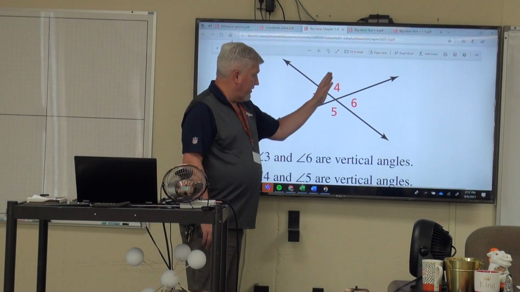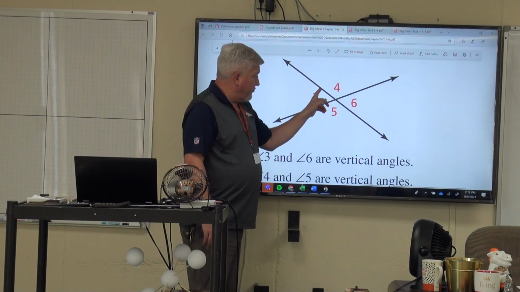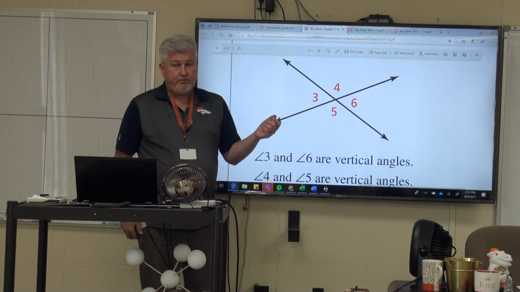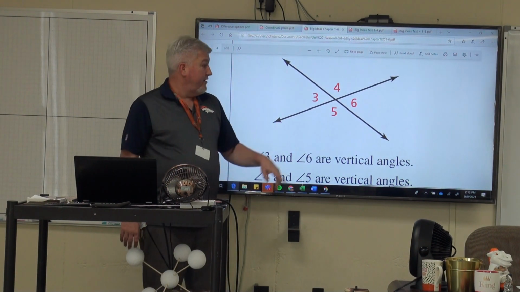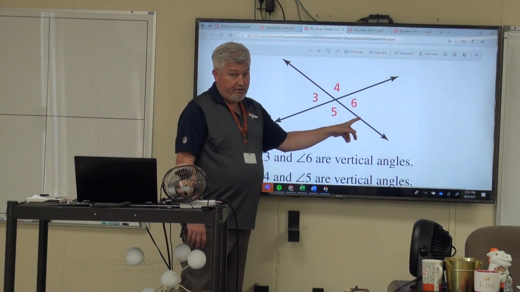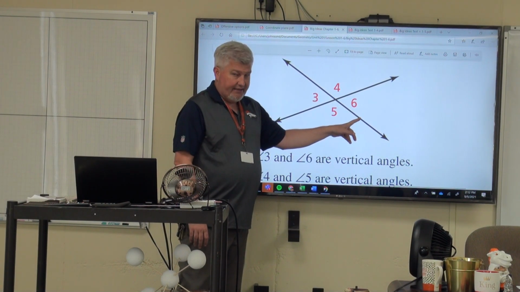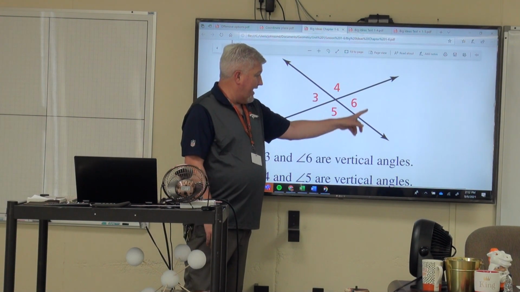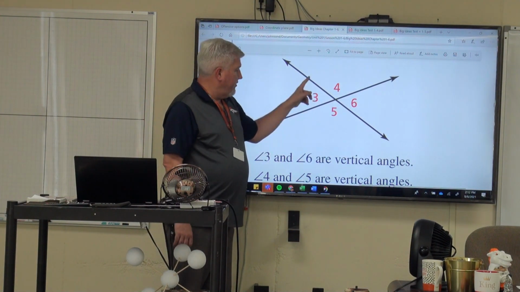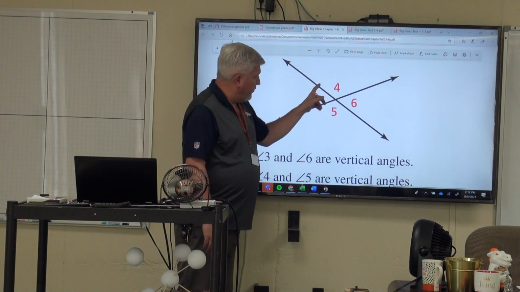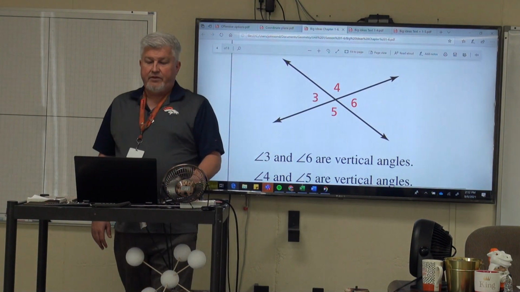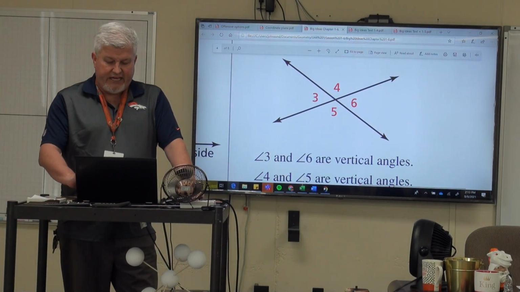Here, 4 and 5 are opposite, so those two angles are also equal. In addition, 4 and 6 are a linear pair, what we just learned, because they form a line. 6 and 5 are linear, 3 and 5 are linear, and 4 and 6 are linear, okay? So, vertical angles are equal.